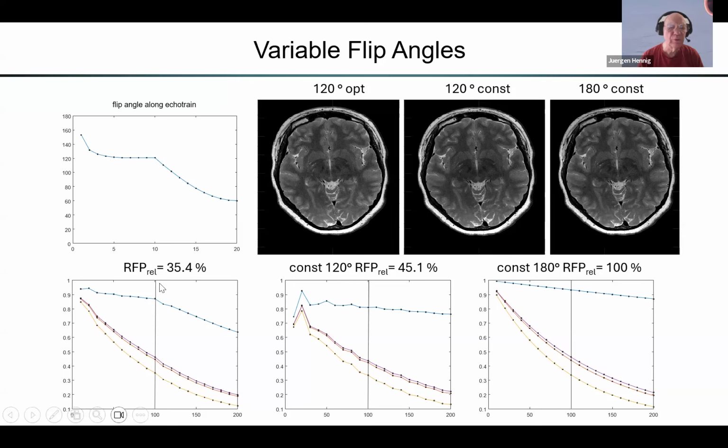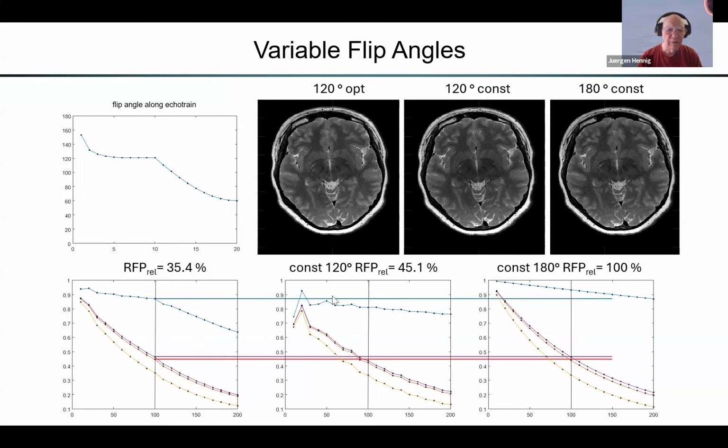This way, you end up with only 35% of the RF power required for 180 degrees throughout. And if you compare the signal intensities for the relevant tissues, gray matter, white matter, the signal intensity is more or less identical.